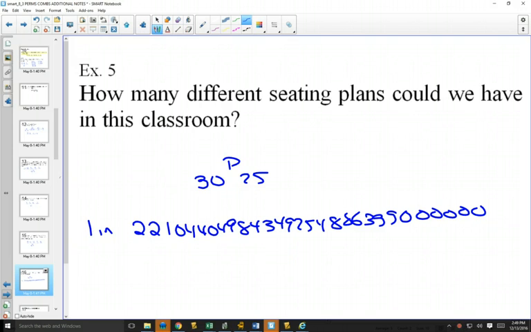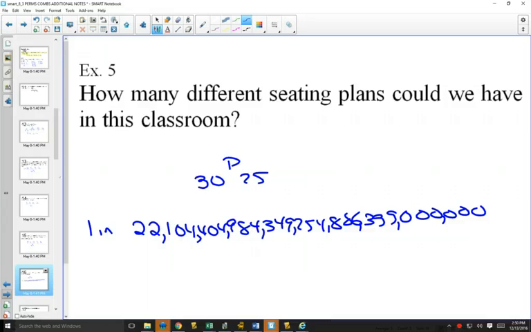I mean, if someone were to guess this many times, which is quite a lot, 3, 6, 9, 12, 15, 18, 21, 24, 27. This is roughly 22 octillion, if you want to know how you would read that number.